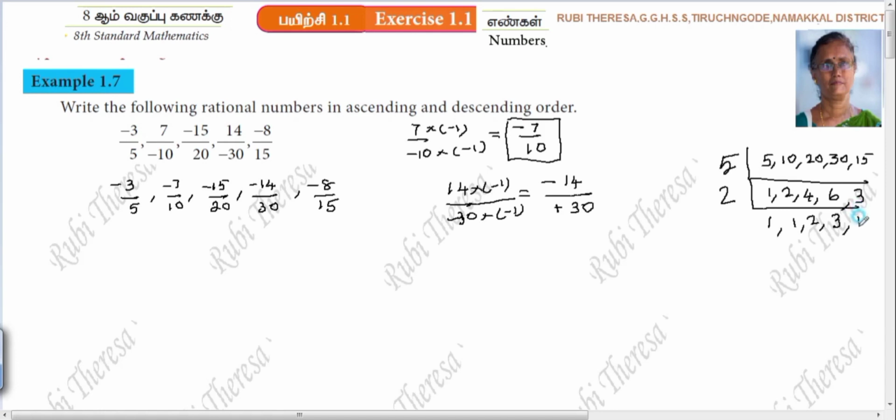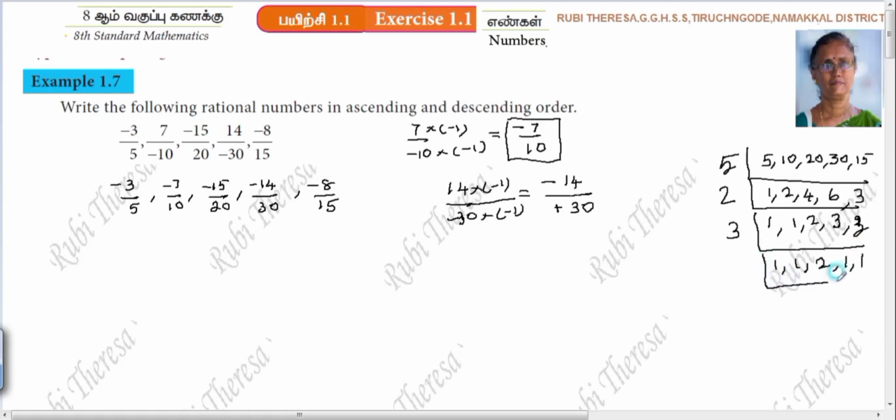Next 1 3. You bring this 3 as it is because 3 is not exactly divisible by 2. Again, 3 is common here. So you have to write 1 2 as it is because 2 is not divisible by 3. Next one is 1 3 is 3, 1 3 is 3.